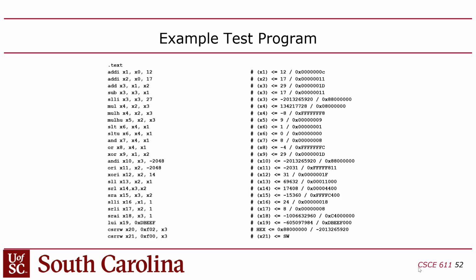Okay? One other thing I want to mention is if you get started early, RARS understands the CSR instruction, but wait, why are we using F2 and F0? Philip, do you remember why we're using F02 and F00 for the CSRs in here?